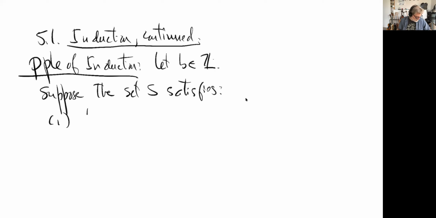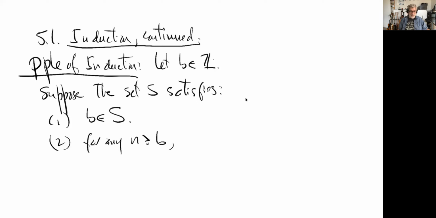First of all, B is in S. And second, for any integer n greater or equal to B, if n is in S, then n plus 1 is in S.